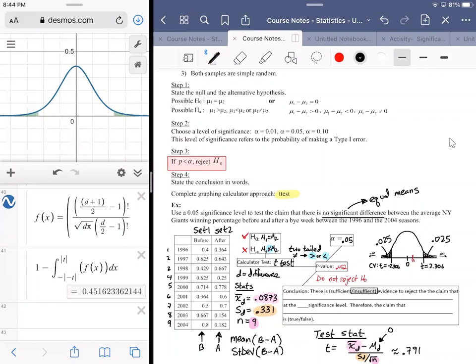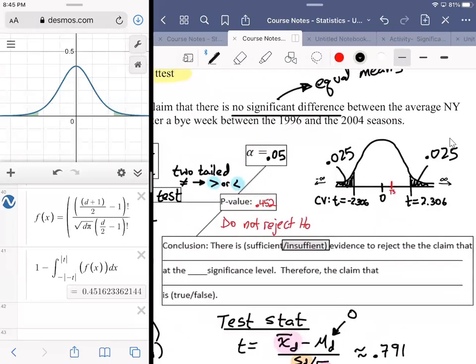All right. Now that null hypothesis is mu1 equals mu2. That's talking about equality between the means, which translates to no significant difference between those two population means. So there is insufficient evidence to reject the claim that there is no significant difference. I'm just rephrasing it.